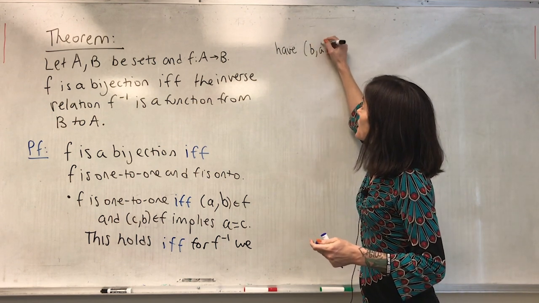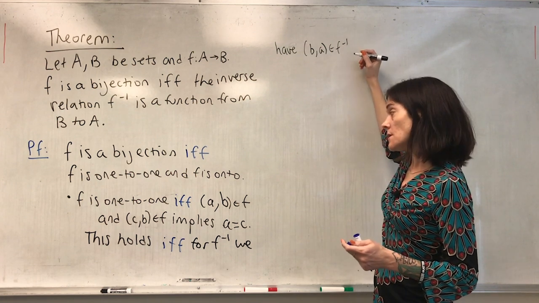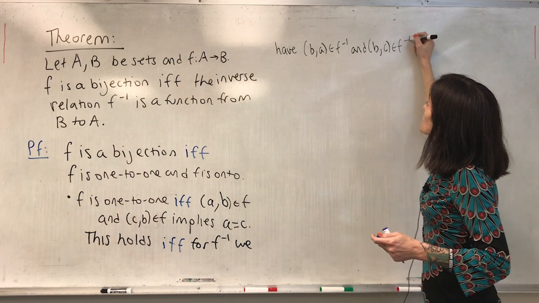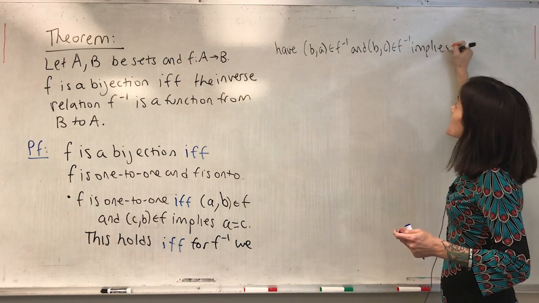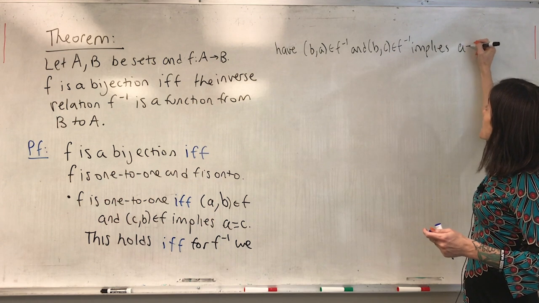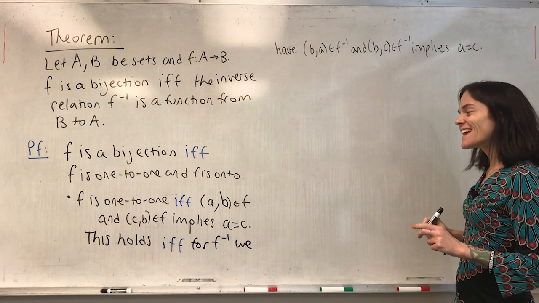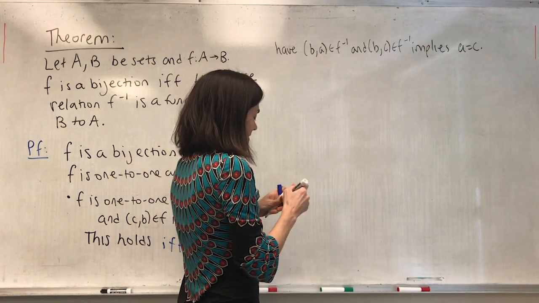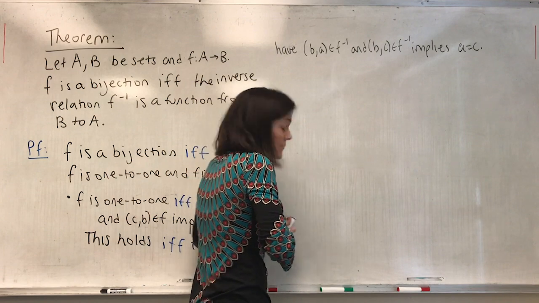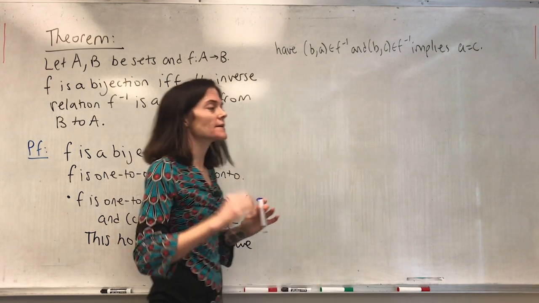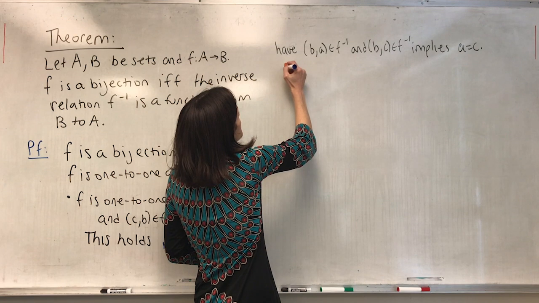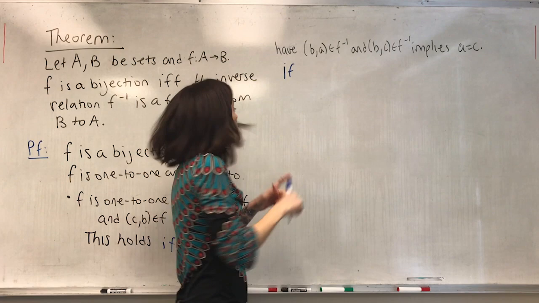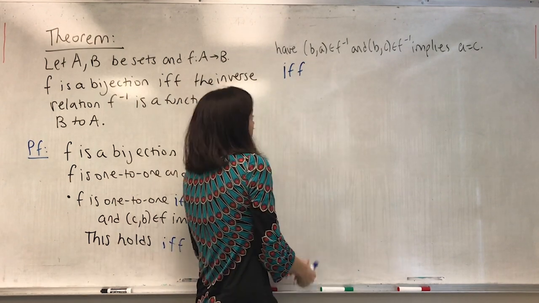This says (B, A) in F inverse and (B, C) in F inverse implies, well, the same implication, A equals C. So now this is the definition of function, or it was one part. So if and only if F inverse is a function.